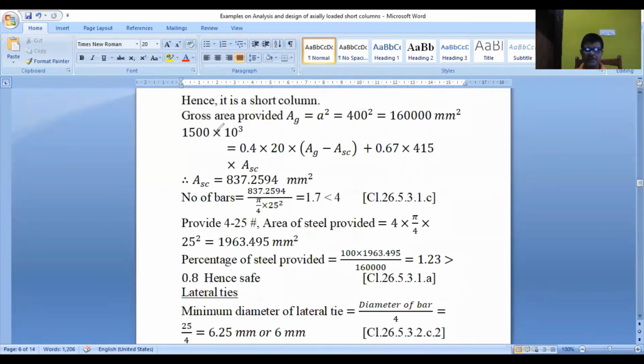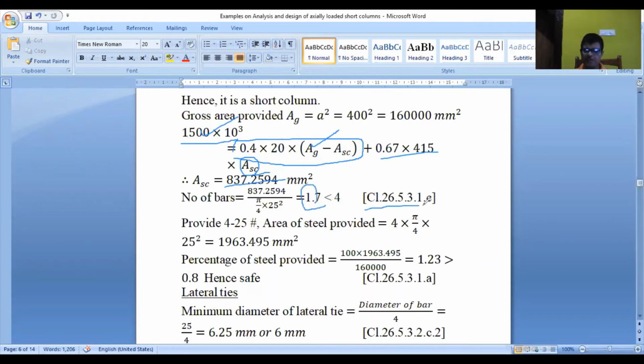Then we have this load carrying capacity PU equal to the same formula, 0.4 FCK into AG minus ASC, plus 0.67 FY into ASC. Now here the gross area is already fixed, the load you already know, and find out the value of ASC. So ASC comes out to be 837. And for number of bars, we have assumed 25 mm bars. So number of bars comes 1.7.